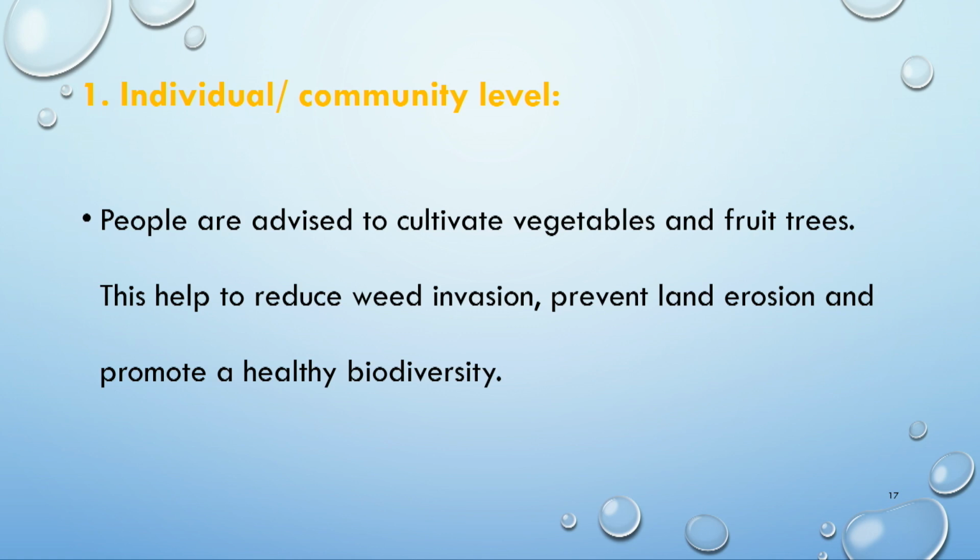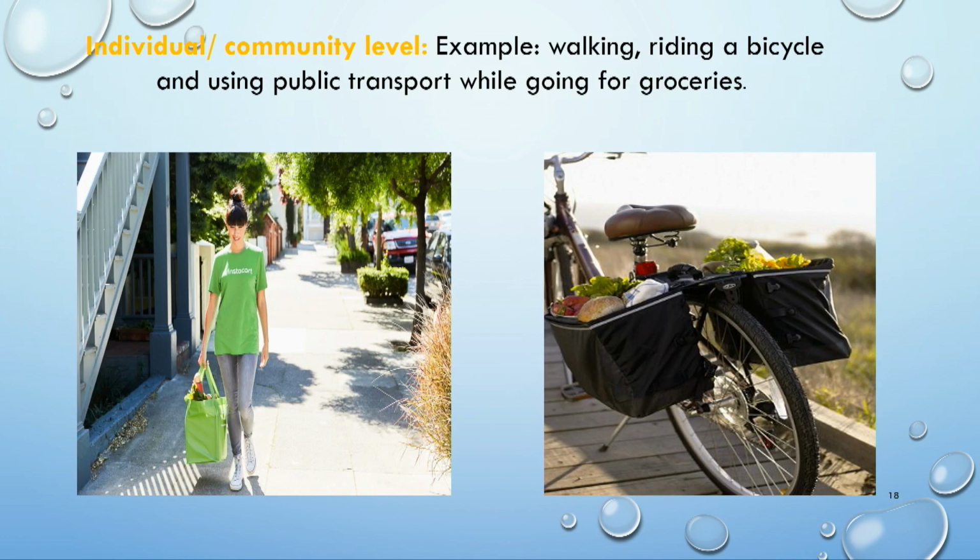This helps to reduce weed invasion, prevent land erosion, and promote a healthy biodiversity. Use alternative transport systems. For example, walking, riding a bicycle, and using public transport while going for groceries.